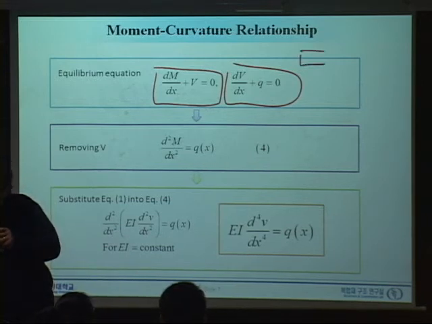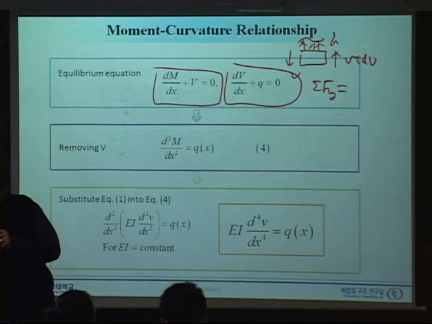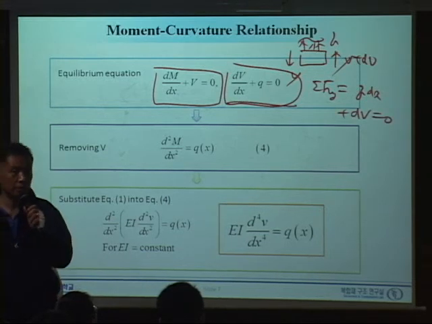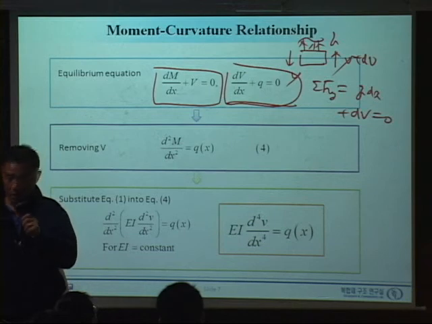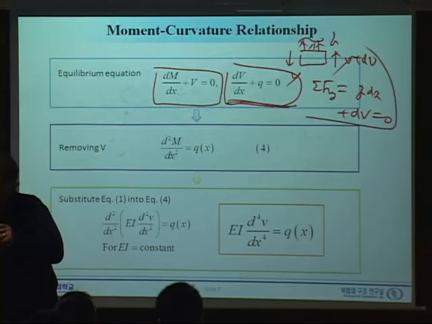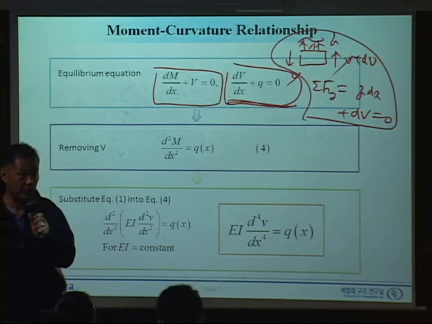You remember here we had V plus dV, and here is V, and we had q, so all the y directional forces, and this disappears, and so q dx plus dV should be 0. So we got this equation, right? Whenever you see this equation, you need to understand this procedure at the same time. Okay, so y directional force equilibrium.